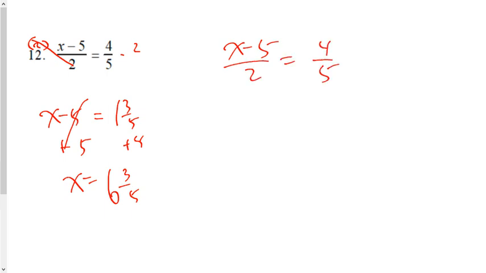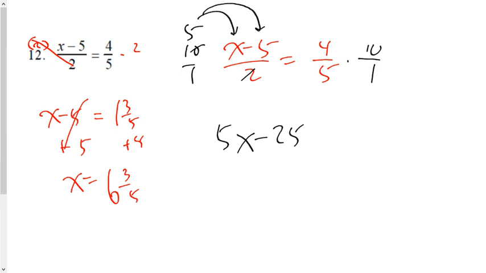what else could you have done? You could have multiplied both sides by what number? 10. Knowing that there's two fractions, if I multiply this side by 10 and this side by 10, I end up with 5x minus 25, because I have to expand using the distributive property.